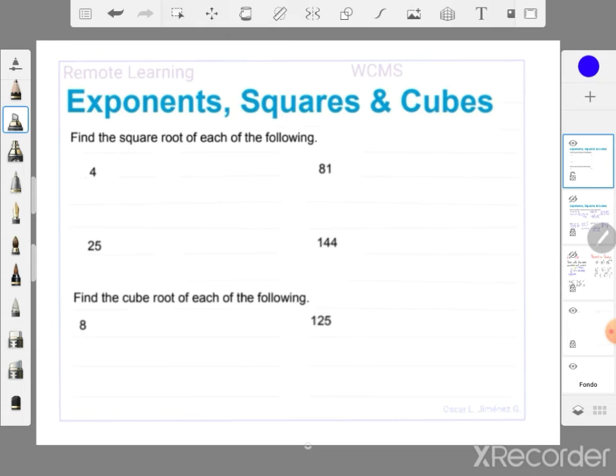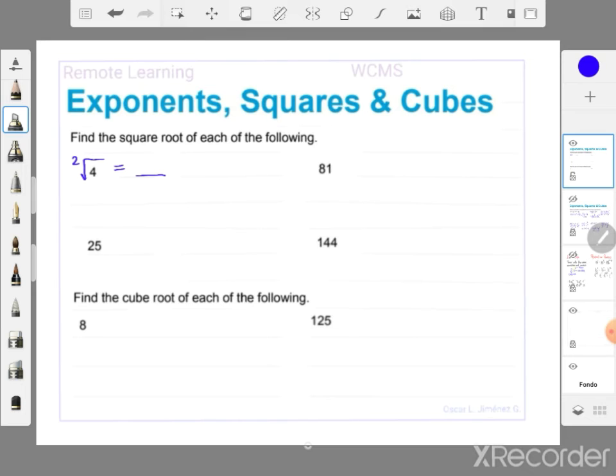When you are trying to find the square root of a number, sometimes you write this sign. This sign means square root. You can even write the number 2 right here, and it means square root. So what is this?